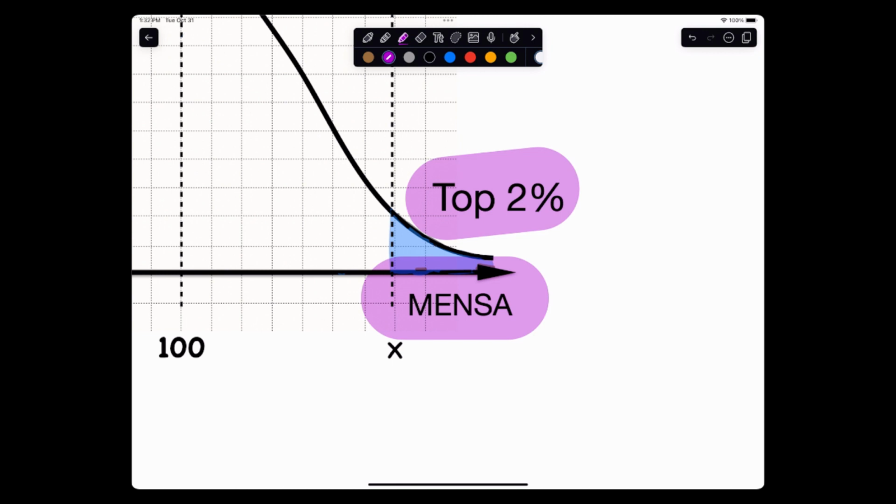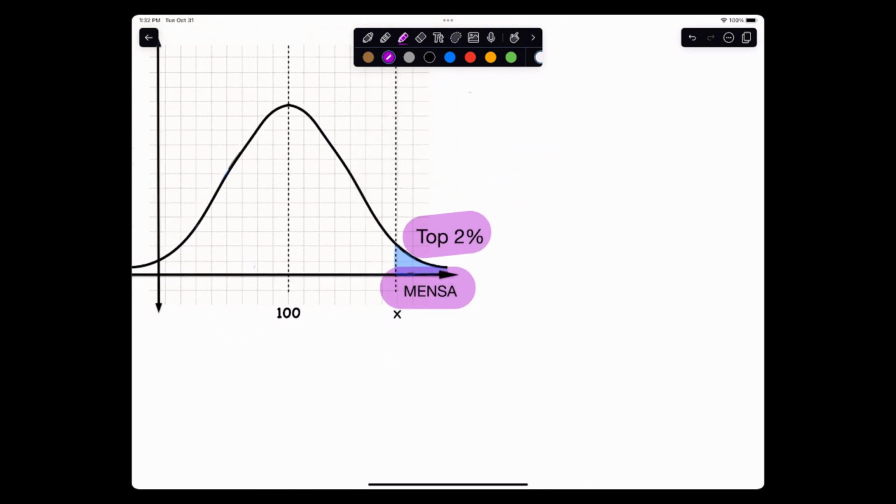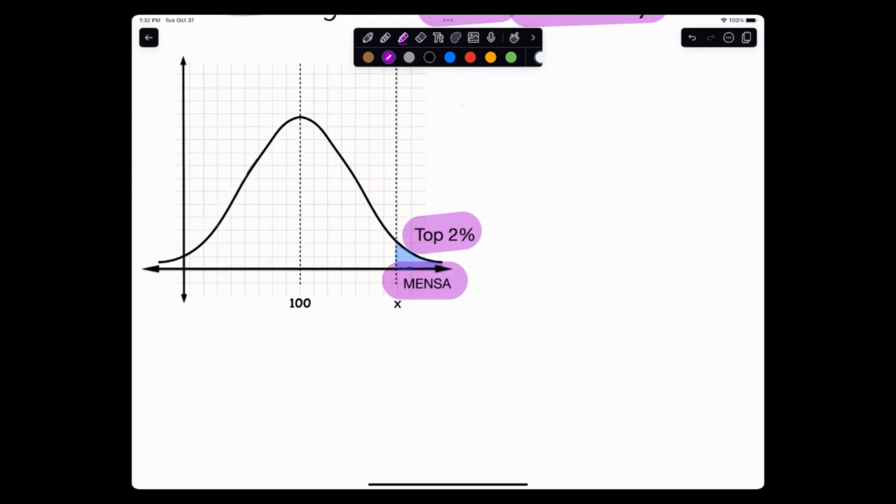All right? Okay. So what do we say top was always? A right what? Yeah, it's a right tail. Do you guys happen to know, how do you represent 2%? 0.02?